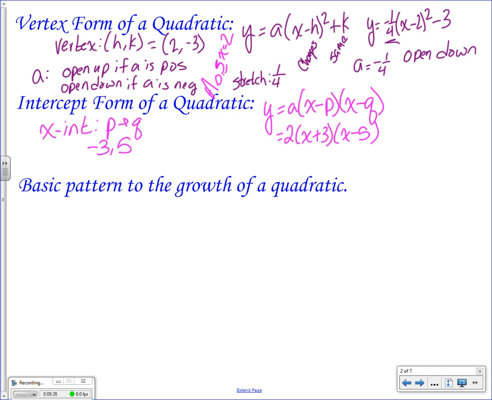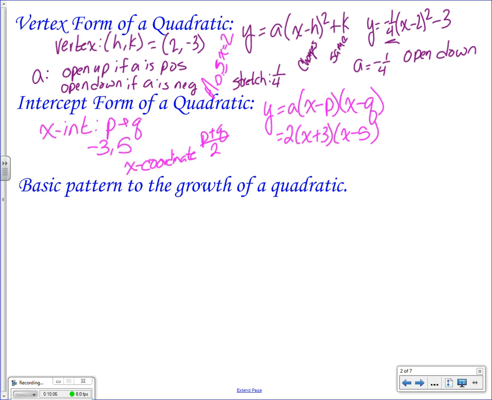On intercept form, it's a little harder. We're going to find the axis of symmetry by adding p plus q. So let's say x-coordinate. My x-coordinate is p plus q, divided by 2.